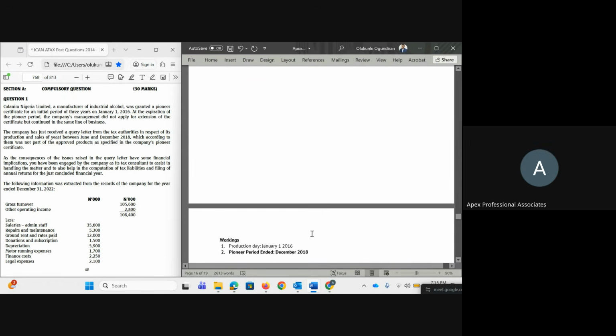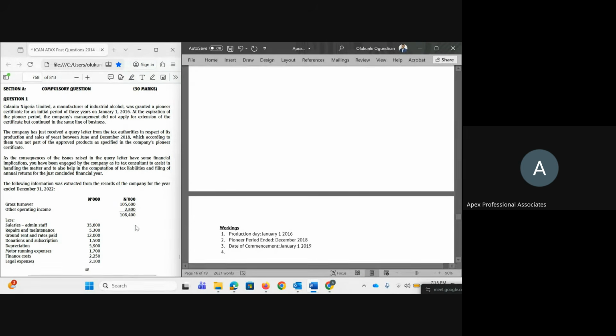Does it make sense? So the date of commencement is what? 1st January 2019.